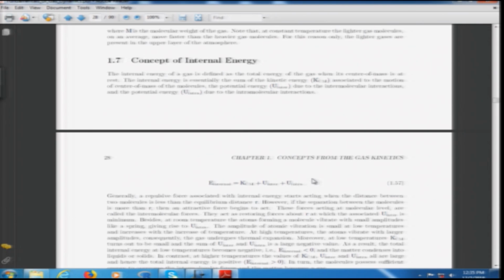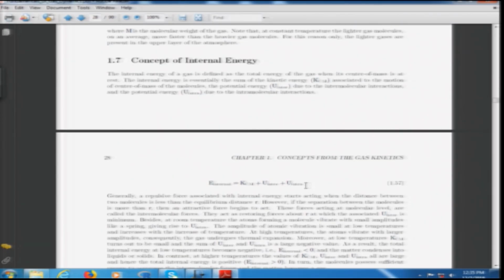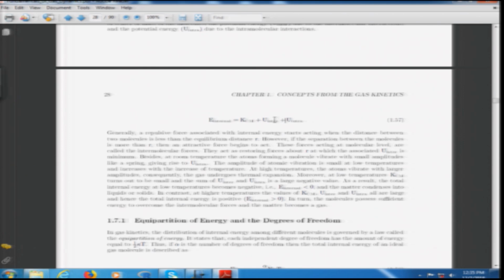At very low temperature, that is the freezing temperature, let's say 0 degree centigrade for water, or negative temperatures for other gases, the summation of U inter and U intra is very much negative, and K cm is lower, which makes the whole summation, E internal, that is the internal energy of the fraction of gas, almost negative.